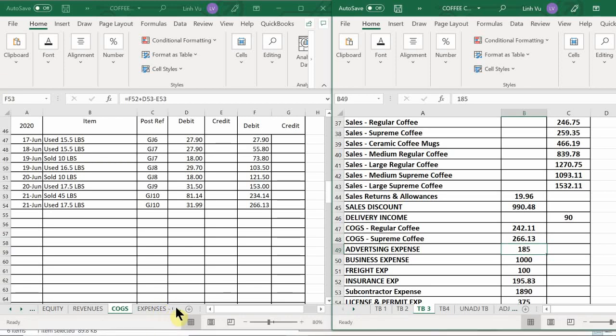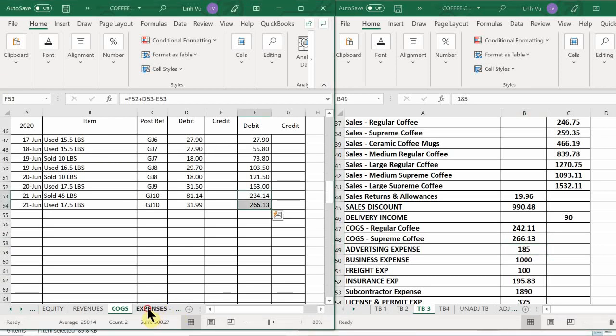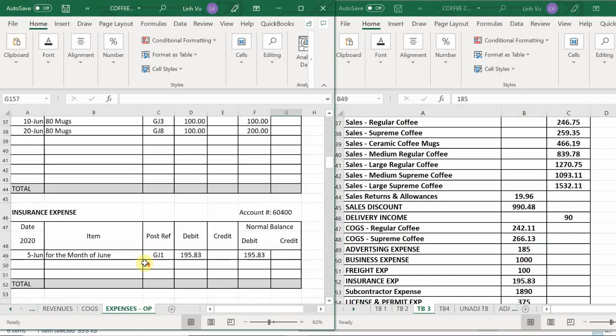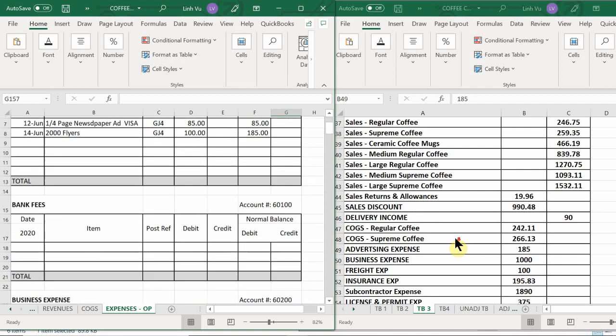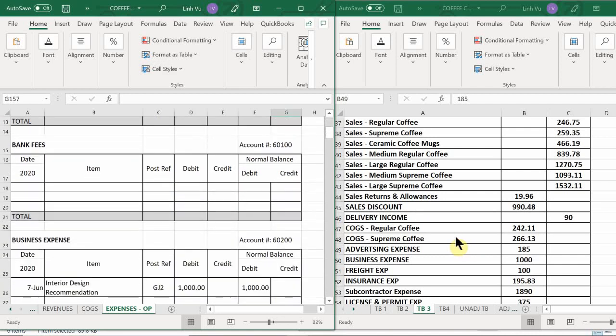Then we have our operating expenses. Okay, starting from the very top. Advertising. The same 185, yeah. Good. Okay, what's next? Bank fees.